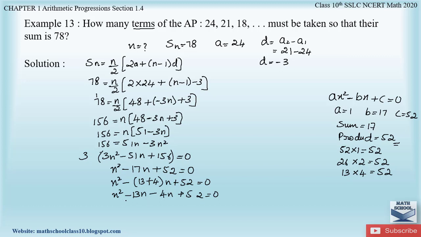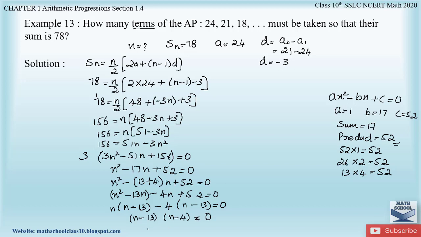Now let us take common between the first two terms. If we take the common here, so we get n minus 13, and here if you take minus 4 common, you get n minus 13 is equal to 0. Therefore, again if you take n minus 13 common, we will get n minus 4 is equal to 0. So since we took n minus 13 common, here n is left and here minus 4 is left.